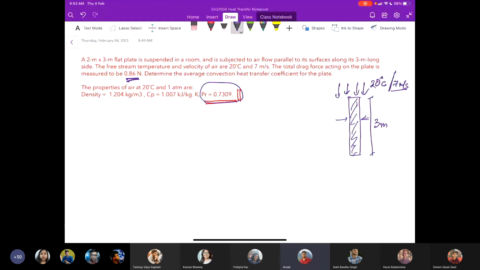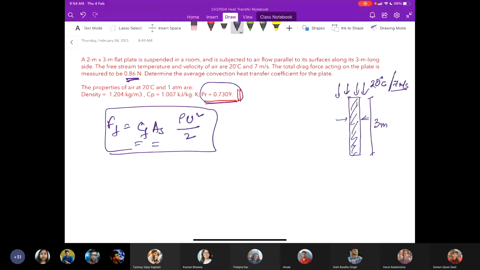But before that, what do we know? The friction force that acts is nothing but the friction coefficient times the area it is acting on, multiplied by rho V square by 2. This is the relation. The force value we know, 0.86 Newton. CF is unknown, which we calculate and then use in the Chilton-Colburn analogy to find the value of h.